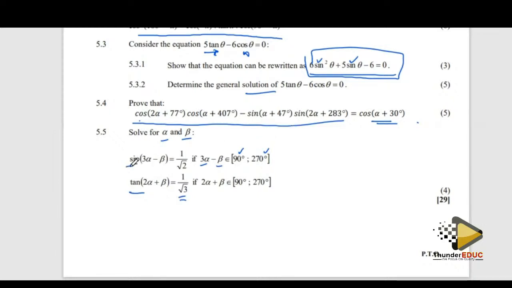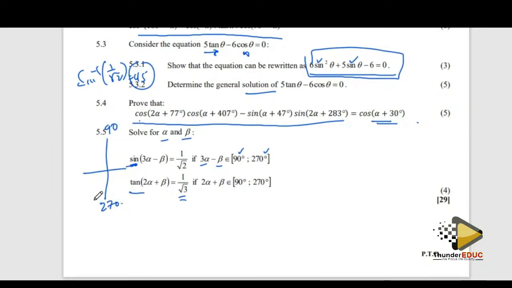To get rid of this, I must find the shift sine of 1 over root 2. The arcsine of 1 over root 2 is going to be 45, but they're telling me the focus is between 90 and 270.